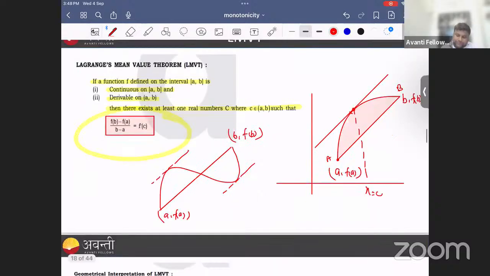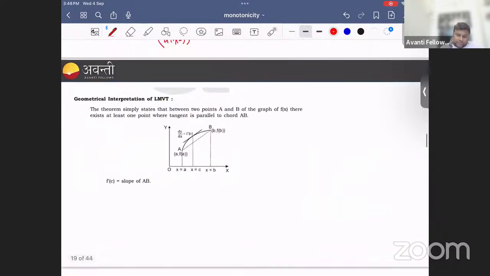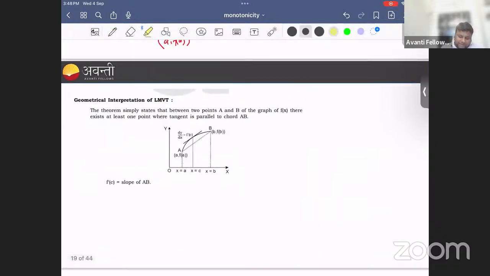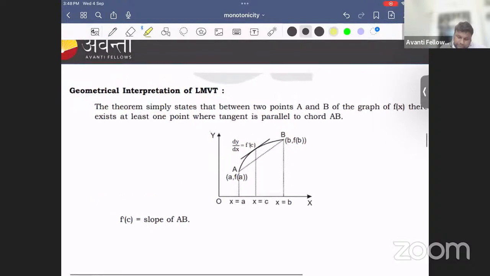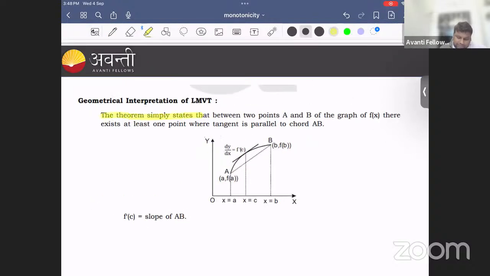Got it? So the geometrical interpretation is simply what I just told you. The theorem simply states that between 2 points A and B on the graph of f(x), there exists at least one point where the tangent is parallel to the chord AB. That means f dash c is the slope of AB. So at least one point will always be there. Got it?